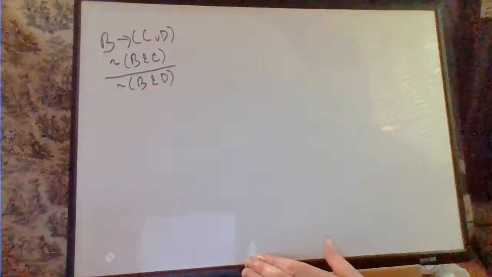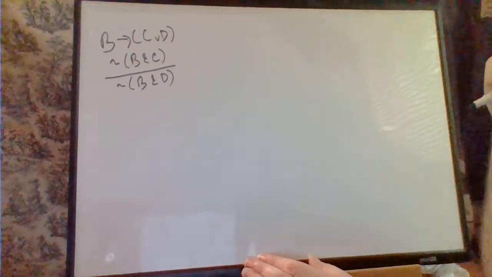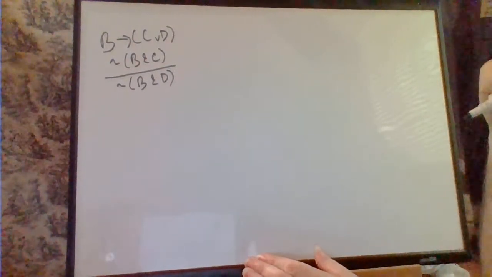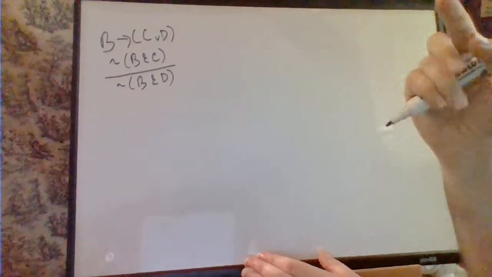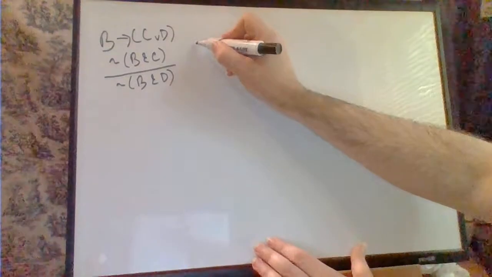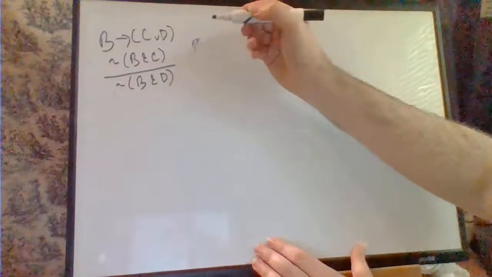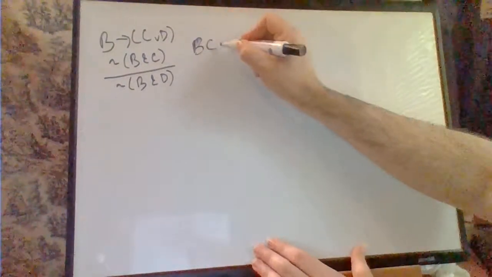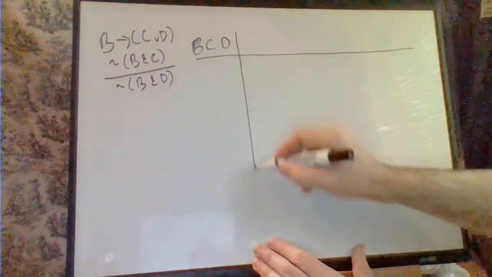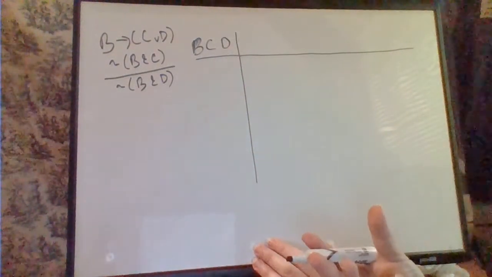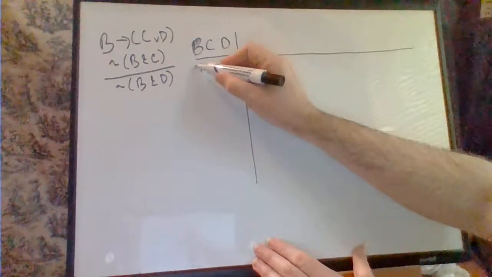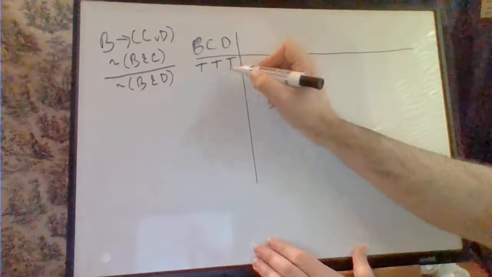Okay. If B, then C or D, not B and C, therefore not B and D. In this case, you have three sentence letters, B, C, and D. So when you set this up, that means that your truth table is going to have 8 lines to list every possible scenario. So you could have true, true, true.